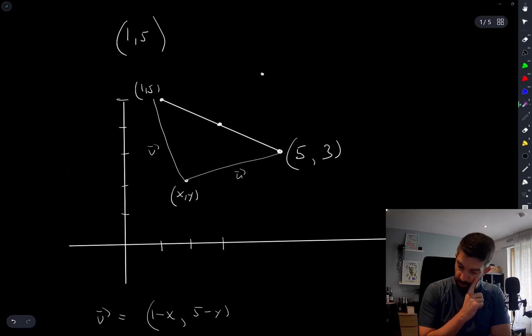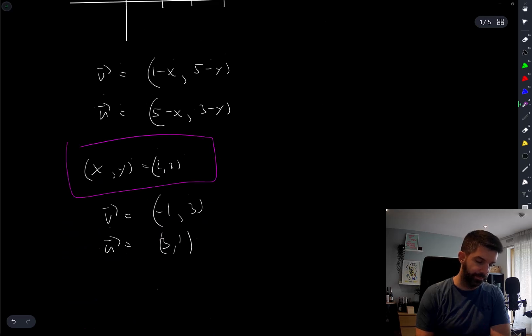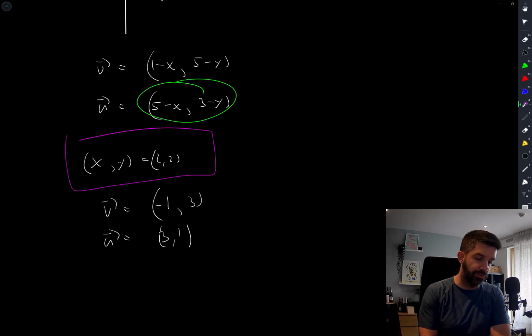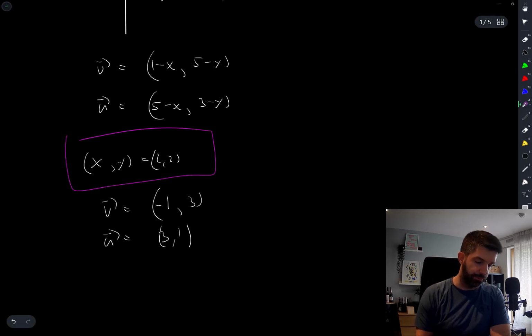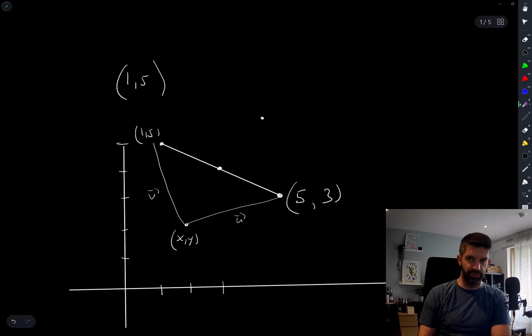How might I go through this and figure it out directly? Well, set the magnitudes of these, not as vectors, equal to each other, and also set the dot product equal to 0, and you might be able to solve for x and y that way. Yeah, this was a bit of a mix-up from the very beginning.